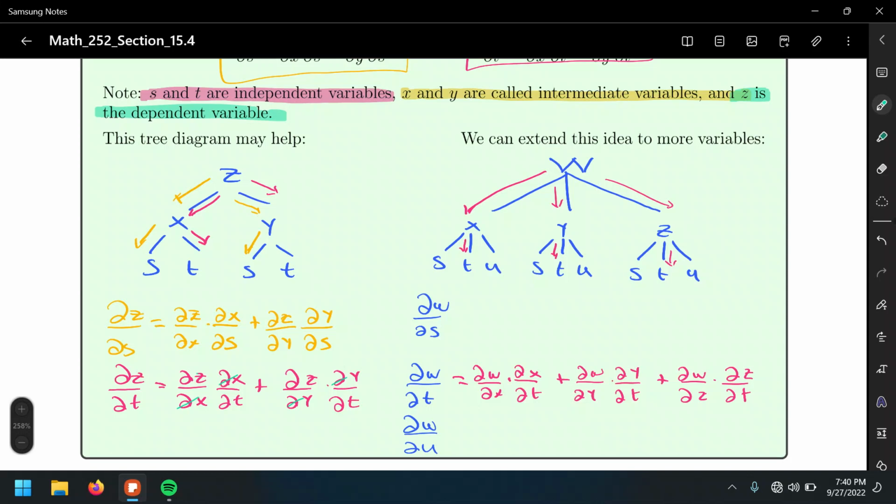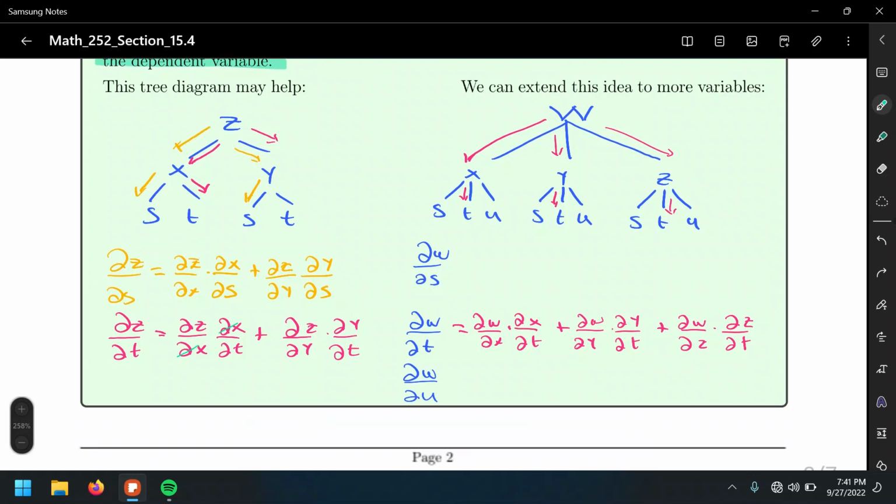But all these factors that we keep adding and adding are due to the intermediate variables w goes into in order to get all the way to the independent variables. All right, so let's do an example using these partial derivatives, and in this case for two variables.